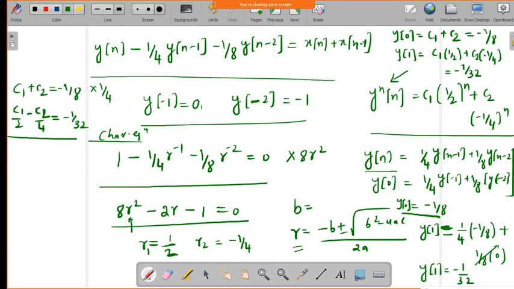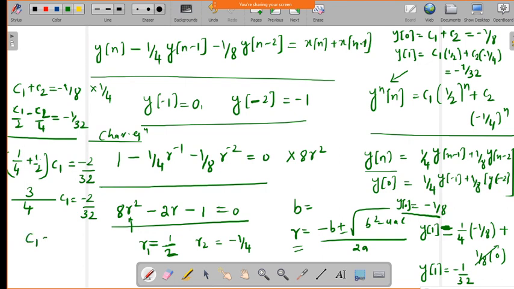If you multiply this equation by 1 by 4 and add the two equations, C2 gets canceled. So you will get 1 by 4 plus 1 by 2 times C1, which is equal to minus 1 by 32 and again minus 1 by 32, which add together to give minus 2 by 32. Here the LCM gives 4 and 2 plus 1 is 3, so C1 times 3 by 4 equals minus 2 by 32.